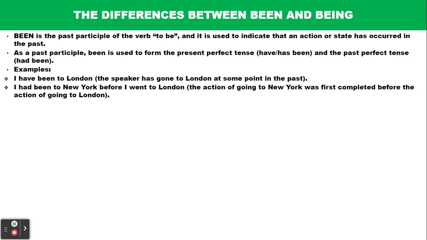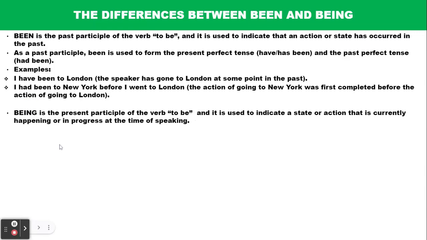So when you use had with been, you are referring to two actions in the past, or what we call past in the past, and specifically to the first action that came before the other.